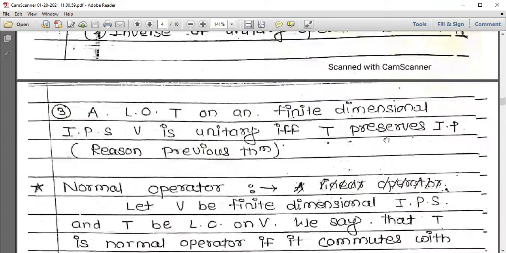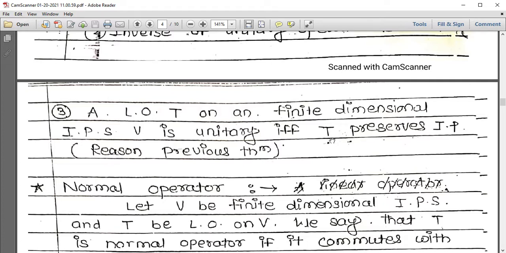And the third one: a linear operator T on a finite dimensional inner product space V is unitary if and only if T preserves the inner product. On a finite dimensional inner product space, if V is finite dimensional, then the operator T is unitary if and only if T preserves the inner product.